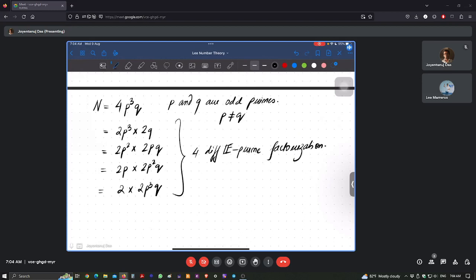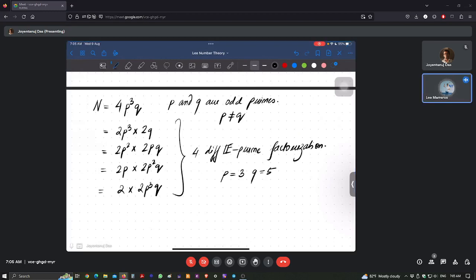So then the smallest you can create is when you choose p equals 3 and q equals 5. What is the number?